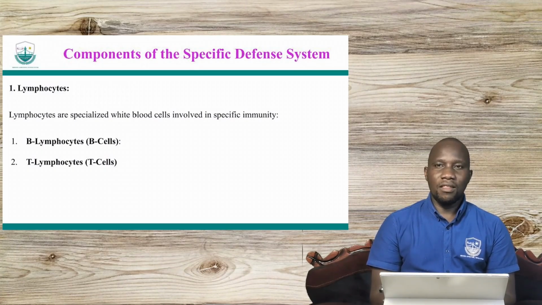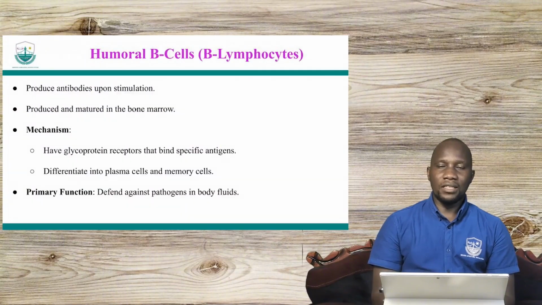If you are attacked by a pathogen for the first time, the immune system will act on the pathogen, but memory cells will also be made, such that in future, if you're attacked by the same pathogen again, the memory cells will be able to produce the appropriate antibodies.